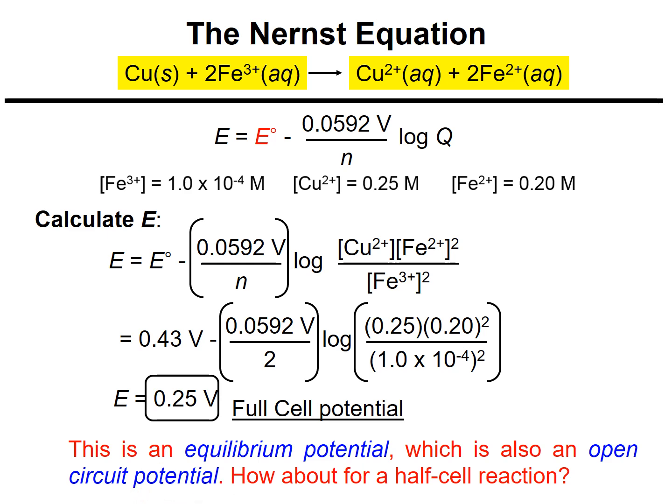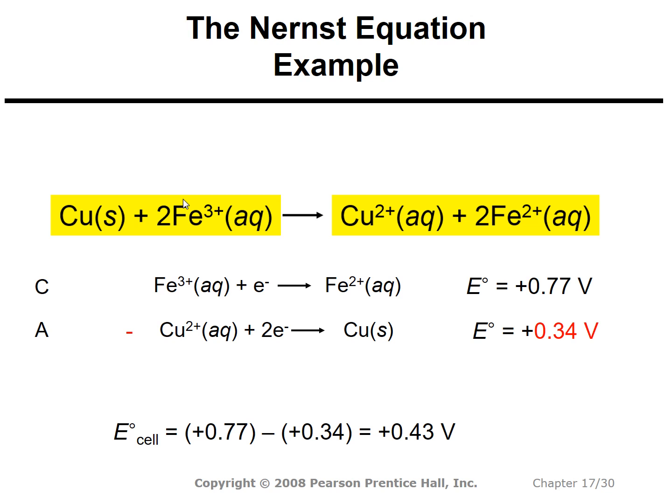Okay, we are still on the same electrochemical reaction equations: Cu2+, Fe3+, Fe2+. We applied the Nernst equation to this full cell equation, and then we calculated the final full cell potential. But by using the half-cell reactions, we could also calculate the final answer. So let me do it.